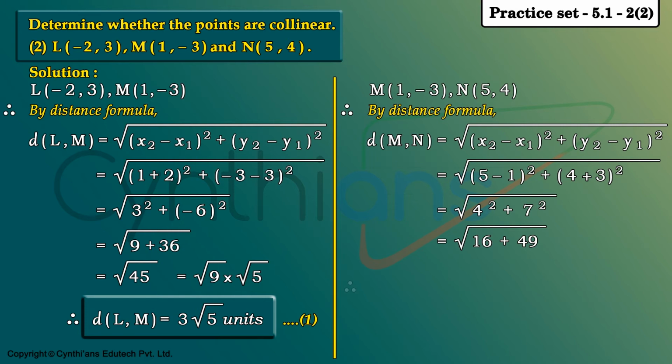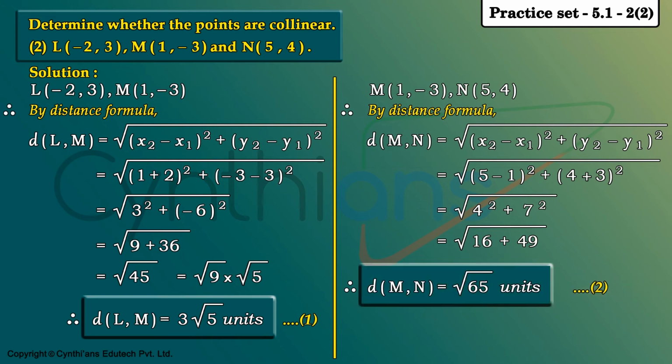Next step, therefore, distance of MN is equal to square root of 65. Now, can 65 be factorized? Oh, first let me ask you, is 65 a perfect square? No, it is not. Can it be factorized? Even if we factorize it, we won't get a perfect square anyway. So, however, let's continue and let's write square root of 65 as equation number 2.